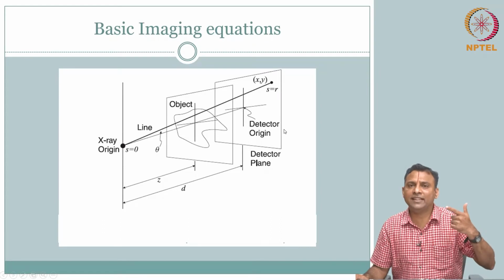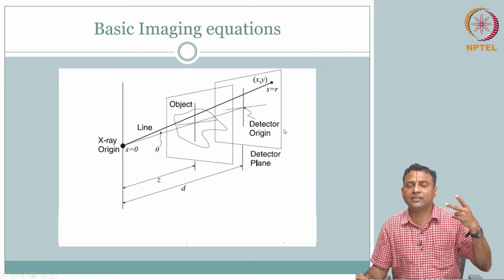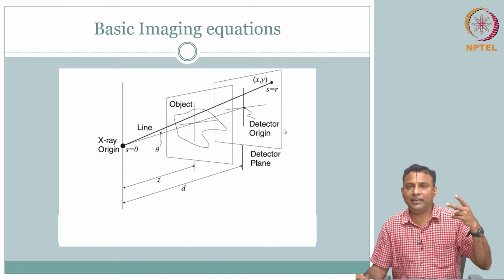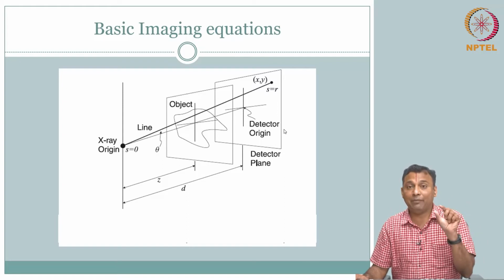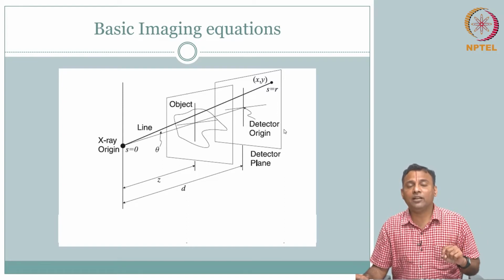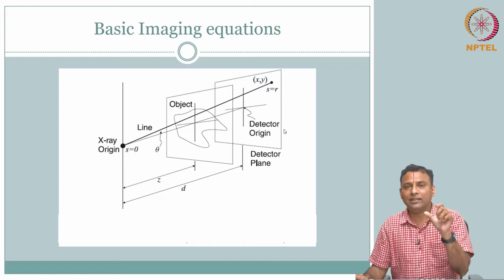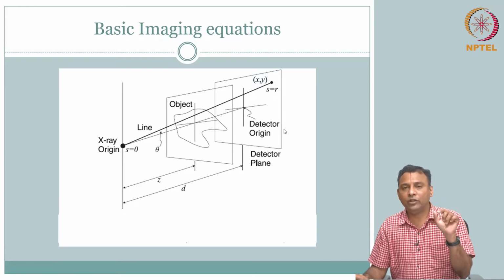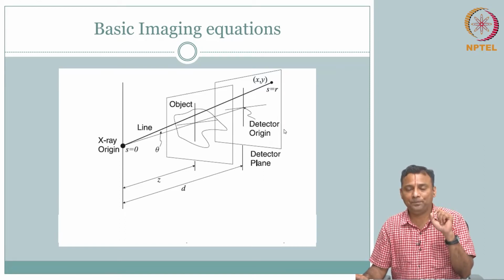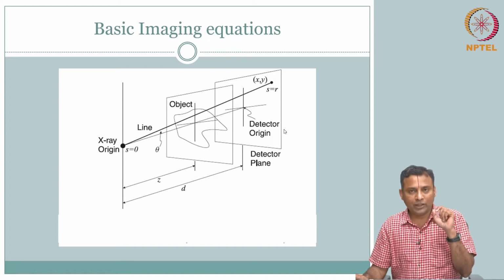We talked about signal and noise, and the interaction of electromagnetic radiation with the tissue slab. Then we talked about the fundamental attenuation law, the photon law, exponential minus mu delta x, where delta x we denoted for a thin slab.